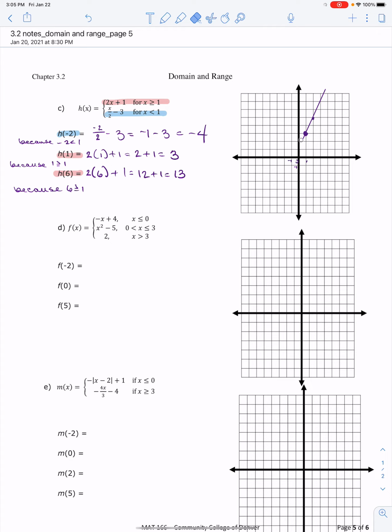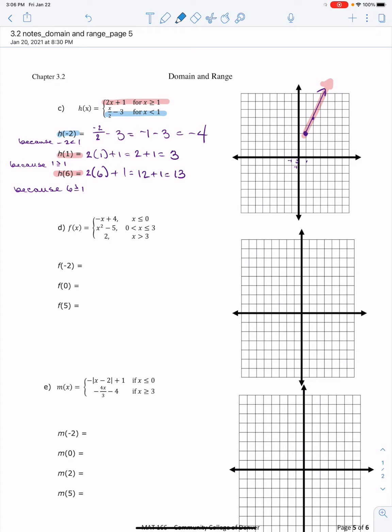So this part of the equation is only valid for x greater than or equal to 1, and that is the pink part of our equation. So that starts at 1.